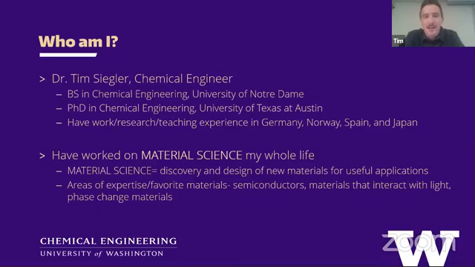Some of my areas of expertise, aka my favorite materials, include semiconductor materials and materials that interact with light. So solar cells fit into those first two categories. I also have expertise in phase change materials, so if you want to talk about materials that change color and phase, I can answer some questions about that too.